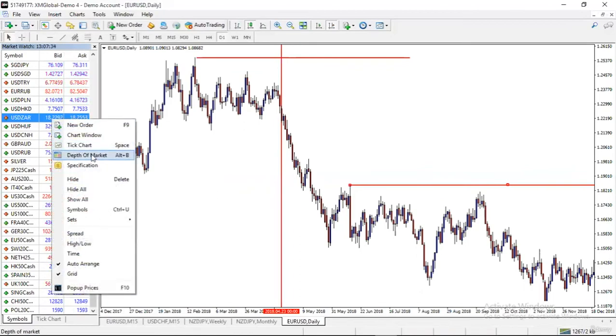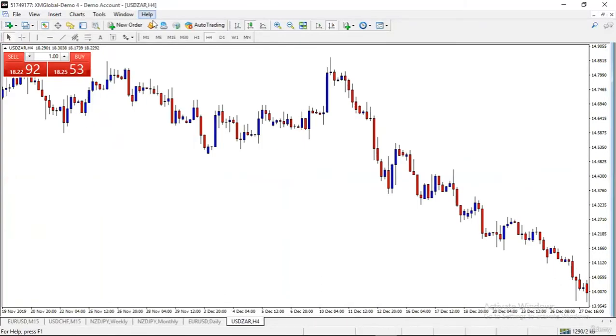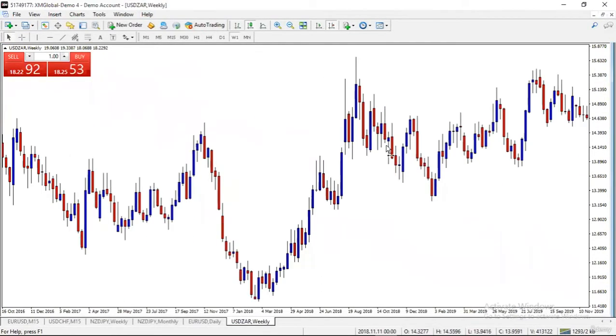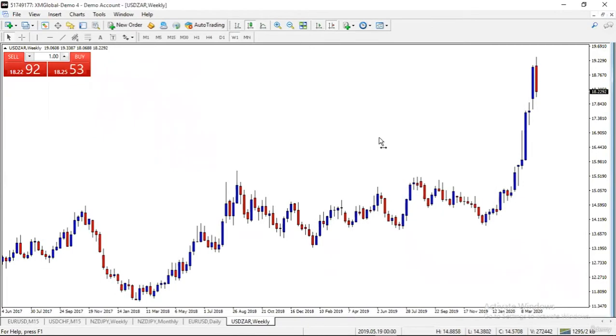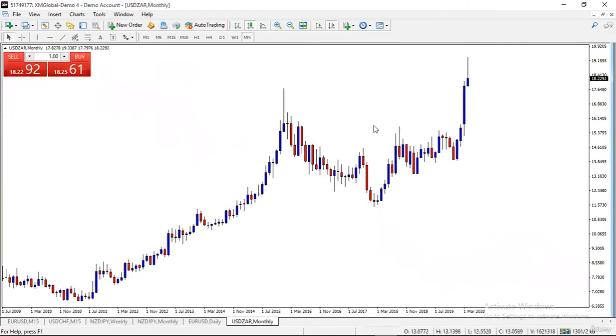Now, I'm saying around 14, 15, 16. That's where we are normally, where USD is.